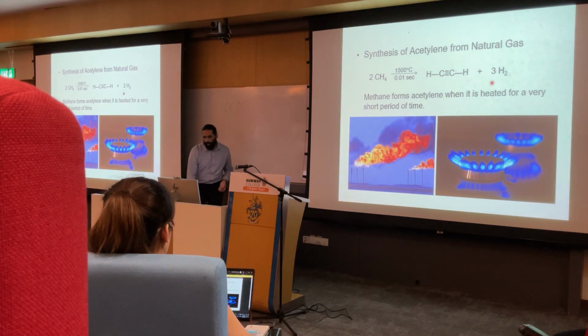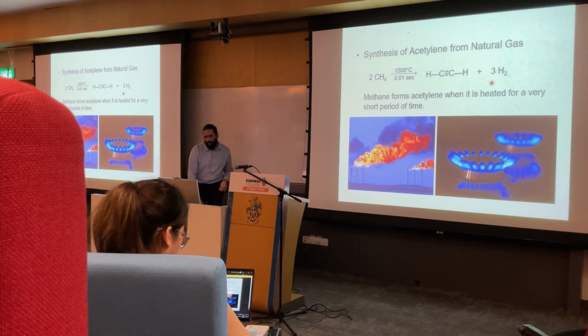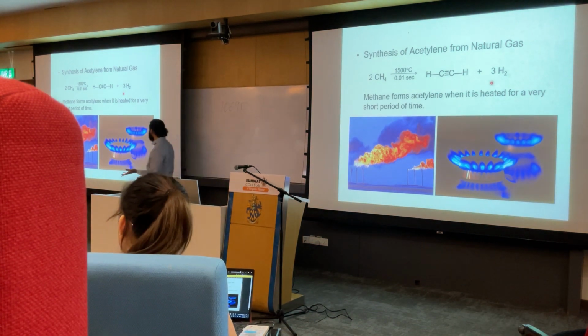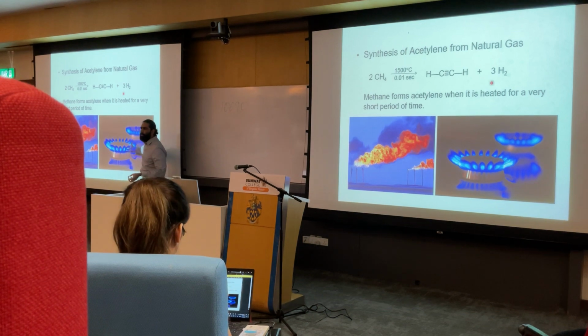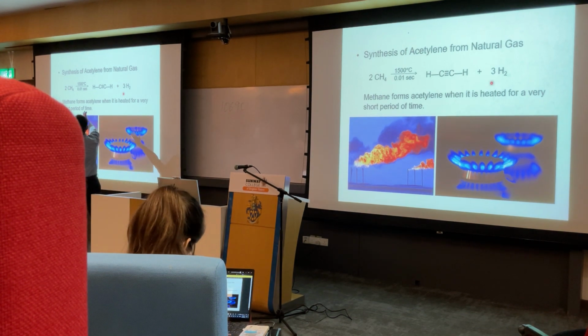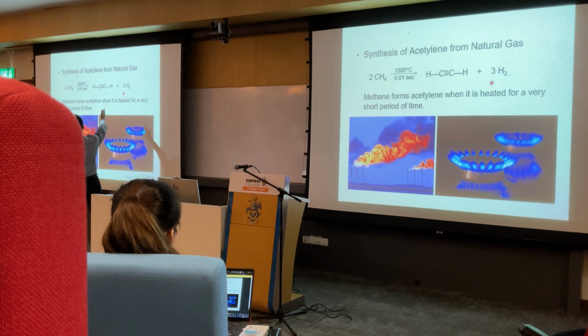Right, the other way acetylene can be formed is from natural gas, which is methane. So methane, super important as a burner to use. So acetylene could be made commercially.